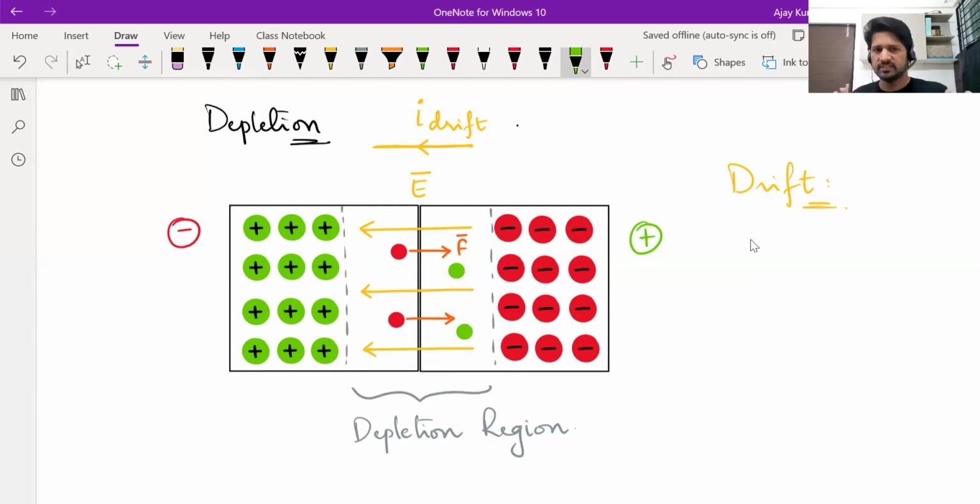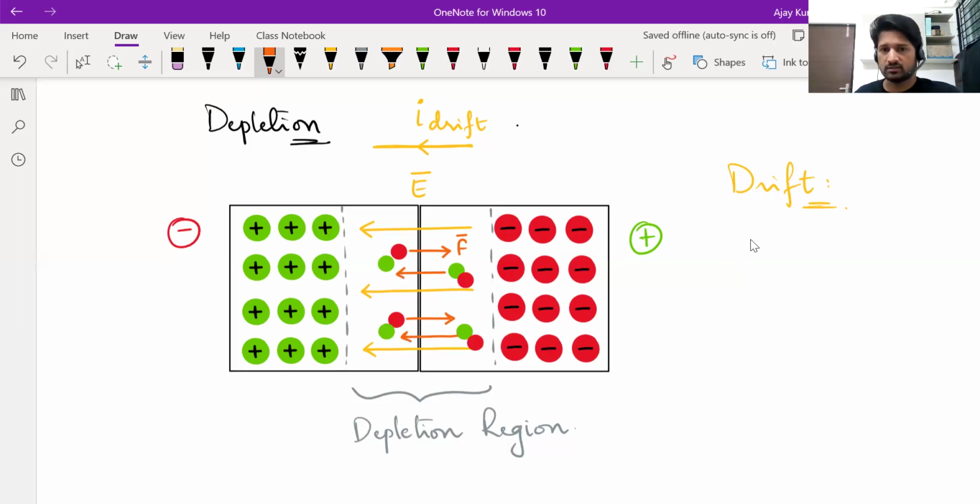Electrons and holes will both be generated. Whenever an electron leaves a bond, a hole will be created automatically. So imagine electron hole pairs getting created on the p side and also on the n side. Now, holes will experience force towards the p side only due to this electric field. So whatever holes are created on the p side will stay there itself. Holes created on the n side will be pushed to the p side.